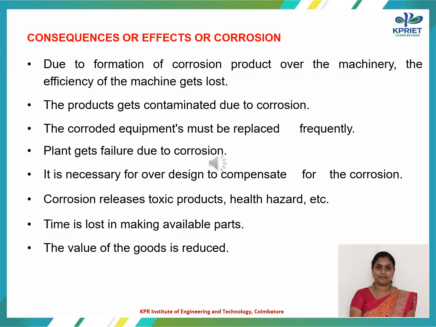Plants fail due to corrosion. Overdesign is necessary to compensate for corrosion. Corrosion sometimes releases toxic byproducts that are hazardous to human health. Time is lost in making parts available and the value of goods is reduced. So these are a few of the consequences or effects of corrosion.